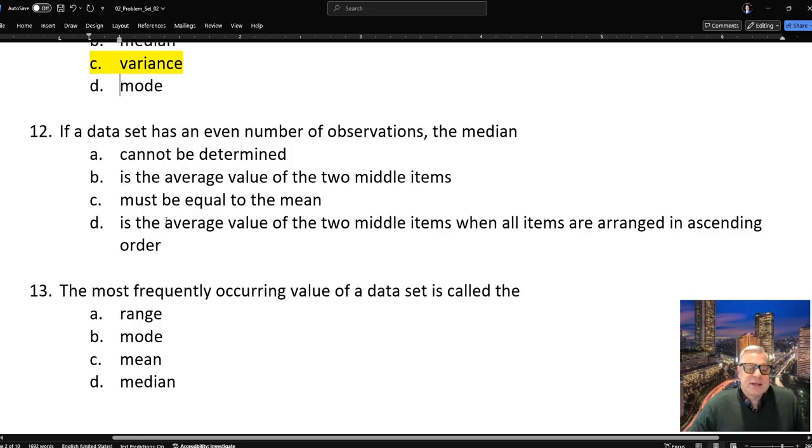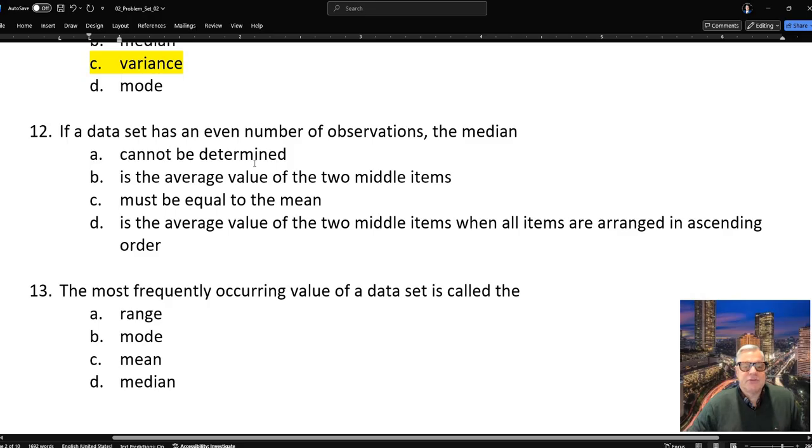12. If a dataset has an uneven number of observations, the median cannot be determined. No, in statistics everything can be determined somehow, or most of the things. Is the average value of the two middle items, that's correct. Must be equal to the mean. No, that's nonsensical.